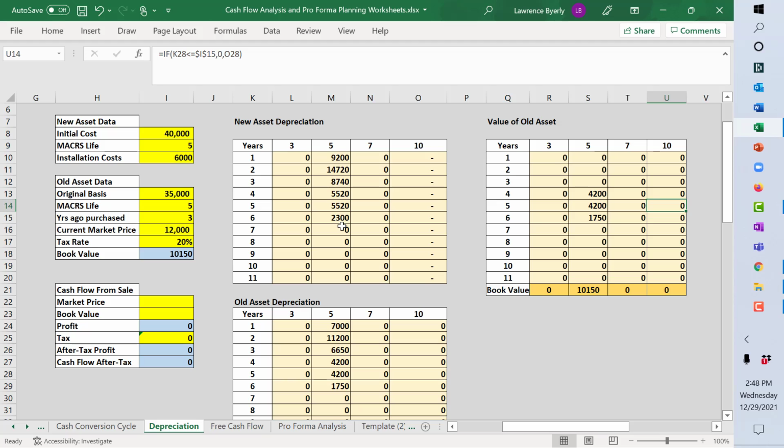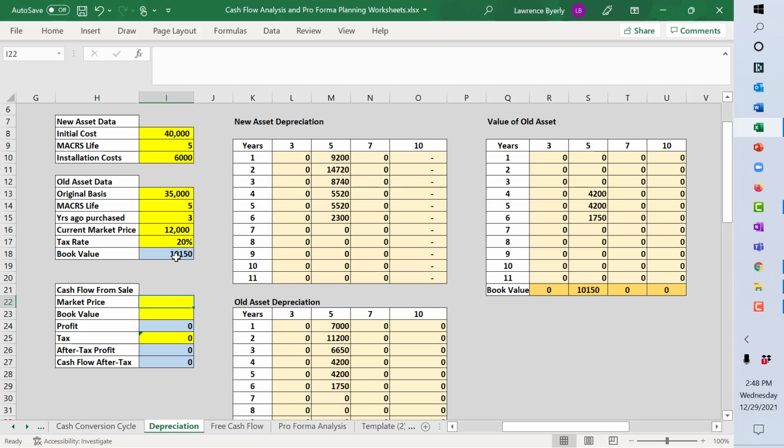It has 6 years of depreciation, and we've had it for 3 years. So we took 1, 2, 3 years that have been depreciated. The next 3 years all need to have depreciation as well. When you add those all up, that's our book value of $10,150.